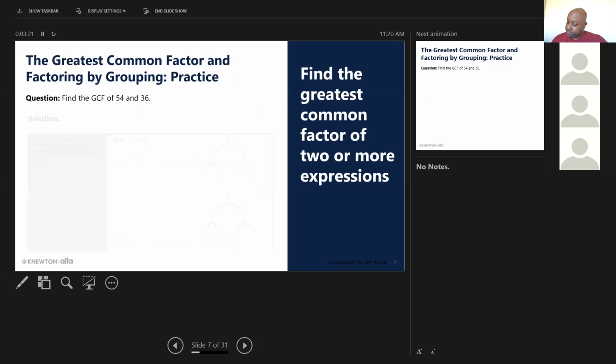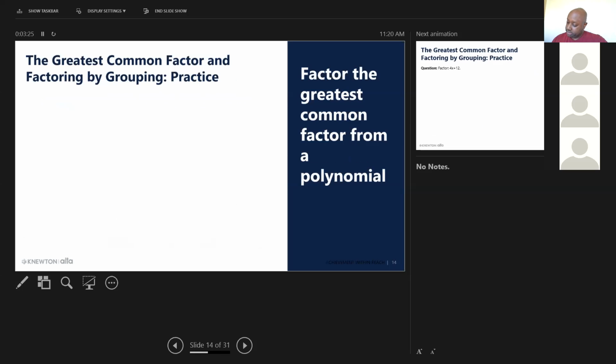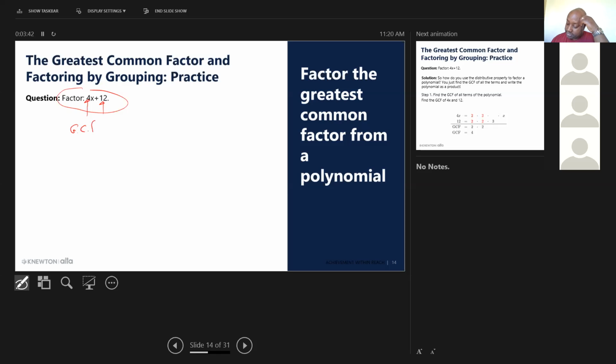So now let's move down to an example like this, where it asks us to factor 4x plus 12. Look at the number 4 and the number 12. Their GCF, their greatest common factor, is 4. So outside of my parentheses is where I bring my 4.